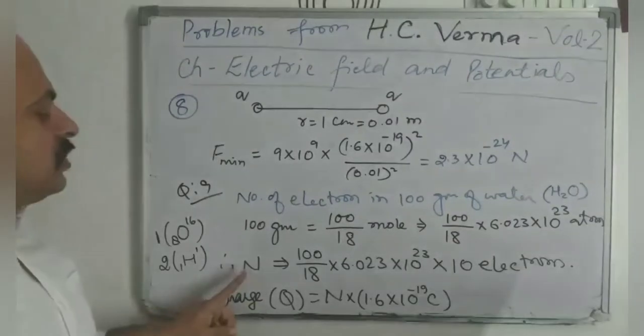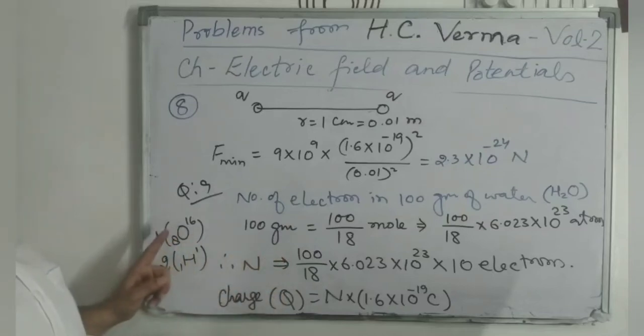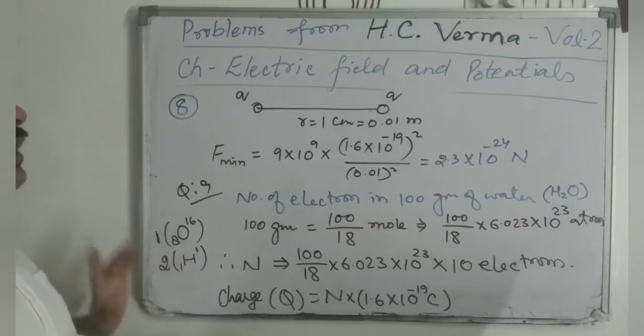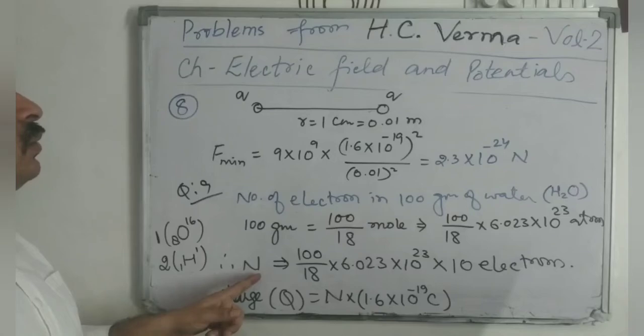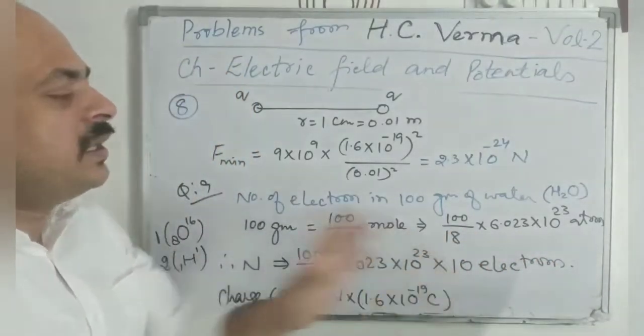Now the number of electrons: one molecule carries 10 electrons, 8 from oxygen, and because we have 2 hydrogen, 1 into 2 electrons from hydrogen. So total 10 electrons in 1 H2O. Therefore the number of electrons will be equal to this number of molecules into 10.